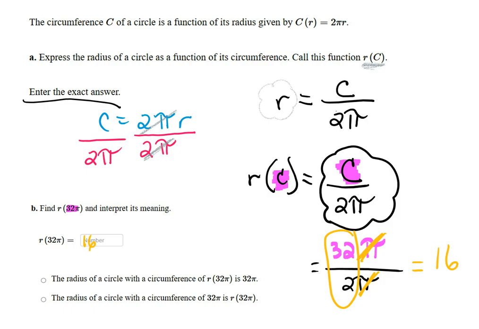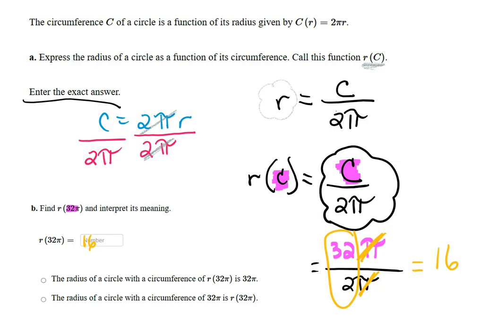And then it says, interpret its meaning. The radius of a circle with a circumference of r of 32 pi is 32 pi. What? The radius of a circle with a circumference of 32 pi is r of 32 pi.